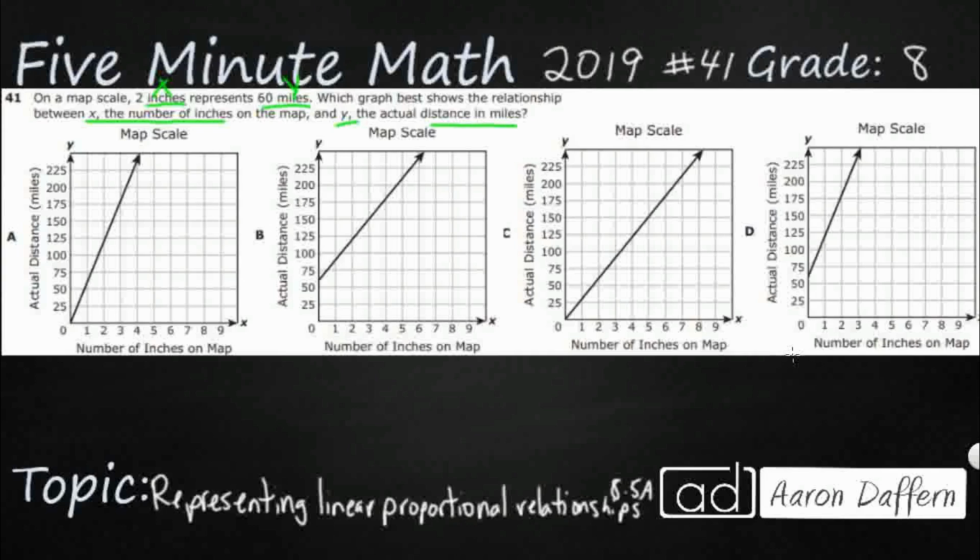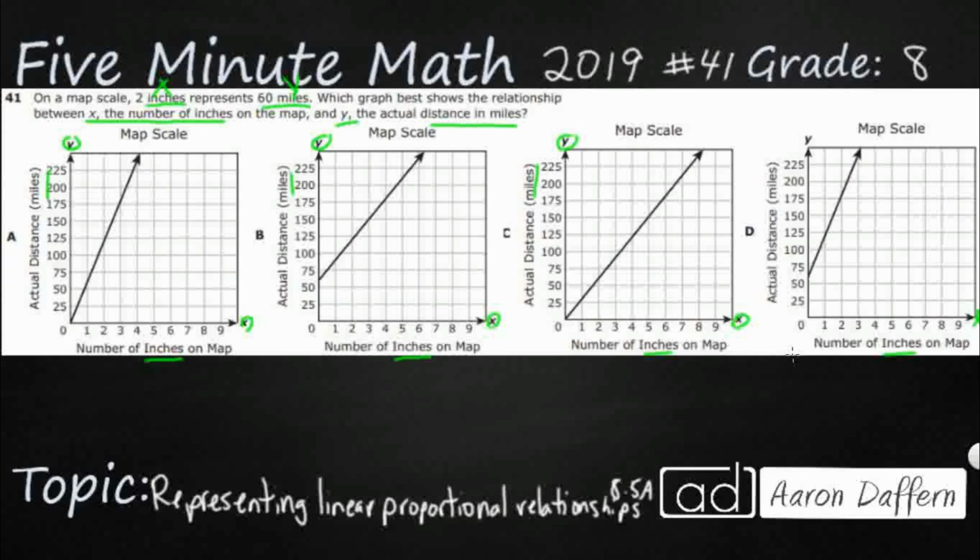Obviously we can take a look at our graph options here. We notice that all of our x-axes have inches, but it is nice to have that verified in the story problem, and all of our y's are going to be the actual distance in miles.